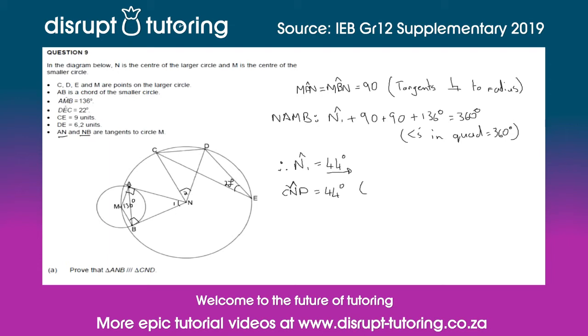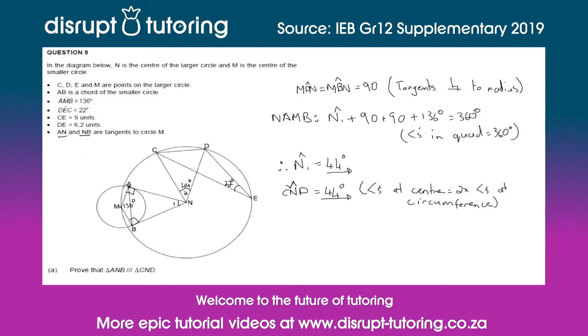And your reasoning here is that angle at center equals 2 times the angle at circumference. Okay, so we know that that's also 44. So we can write that in.